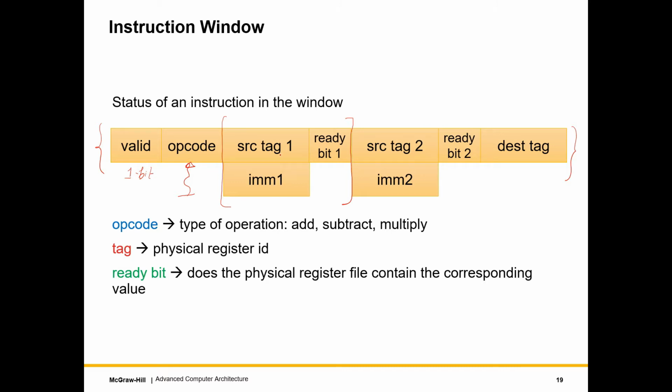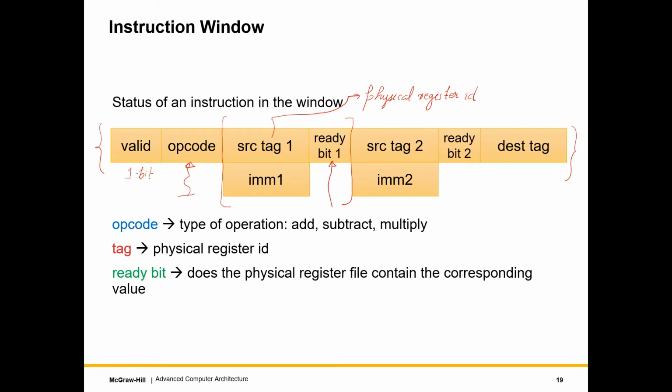Otherwise, if it's not an immediate, then we store what is called the source tag, and the source tag is nothing but the physical register ID. So it is just the ID of the physical register if we are talking of a register operand here, and this is the ready bit.